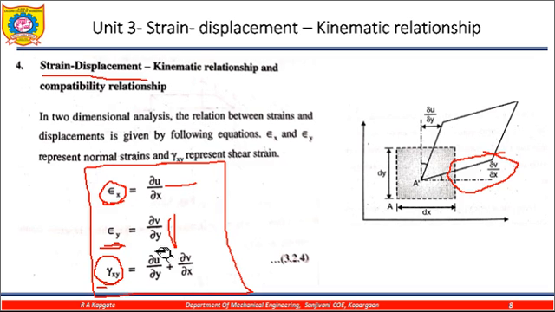If you look here, in epsilon x it is ∂u/∂x, while here it is ∂u/∂y, not x. Keep this in mind and don't be confused, because later on we need to use these formulas many times, and you should not commit this mistake.